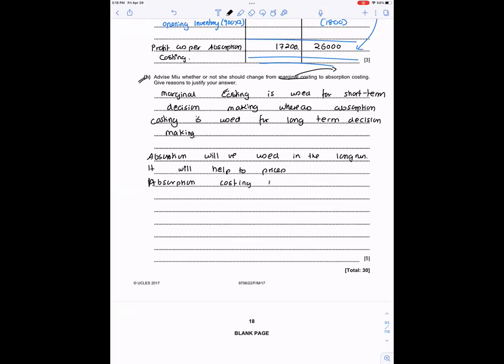Absorption costing is more competitive. It will be used in the long run. It will help to set prices for future for your product. Absorption costing is acceptable and realistic for financial statements.